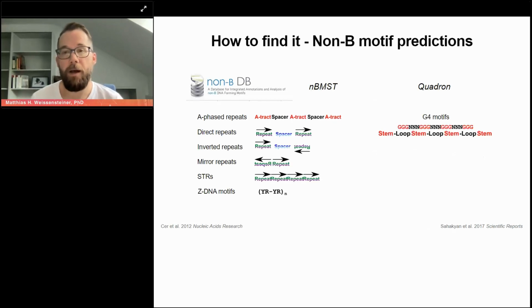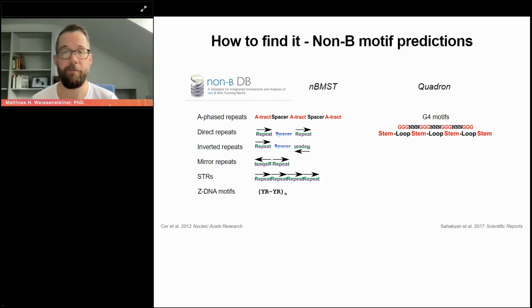So finally, for the general part on the non-B motifs, how can these be studied actually? So far I've been talking about their biophysical structure and biological implications, but in fact they can be predicted just with any DNA sequence. So these repeats I've been talking about before, like A-phased, direct, inverted, and so forth, or also the Z-DNA or G4 motifs, they can be predicted computationally.